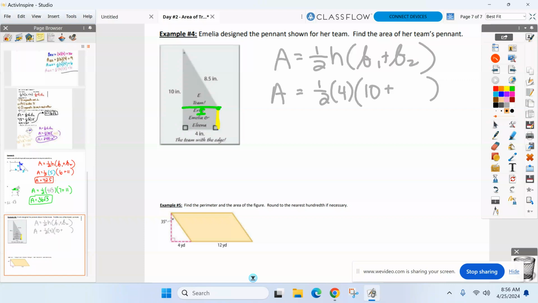Remember, I need to get to the yellow base right there. I need a plan here on how I'm going to get to that yellow base. Any plan here? How I can get to that yellow base with all the values I have now?